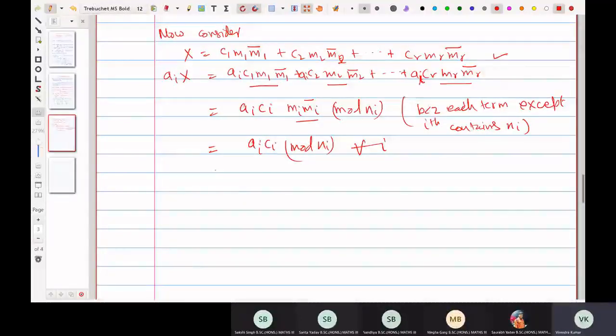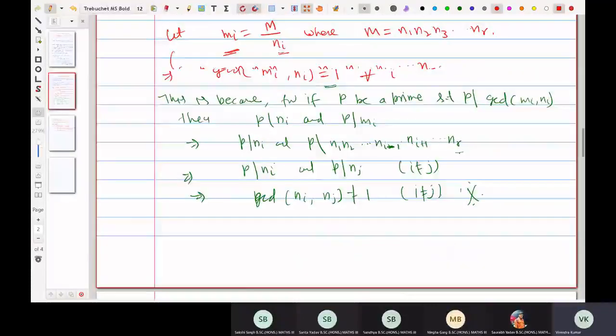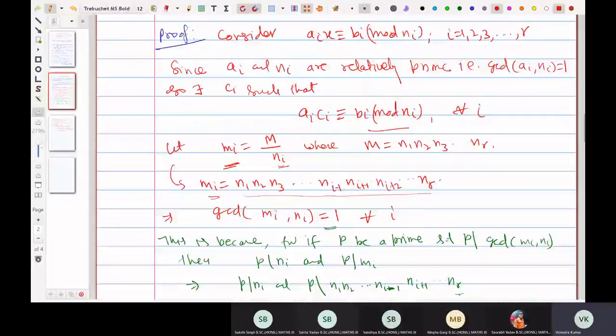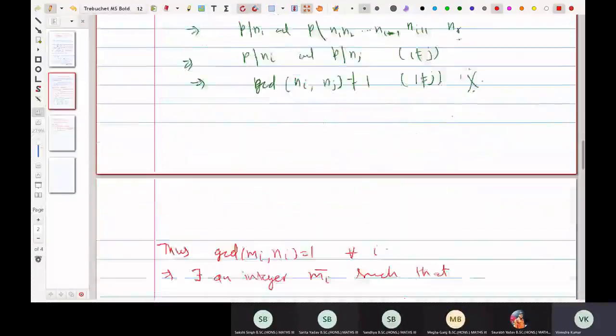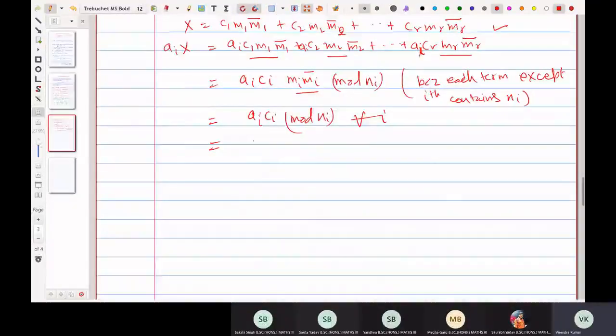Okay, and then this Ai and Ci, if you see here in the starting, this is congruent to Bi modulo Ni, and therefore we can write it Bi modulo Ni. So like this.